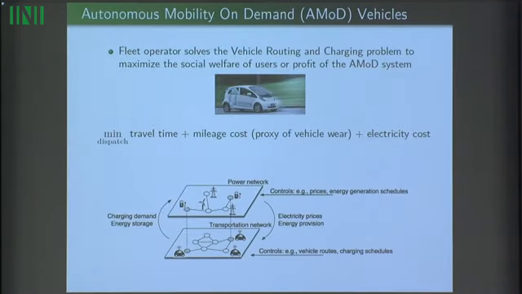Okay, so first part, as I said, I have a fleet operator that's managing these vehicles. If you consider the humans out of the control loop for now, this operator would want to manage the vehicles so that you can minimize a summation of different costs. It could be travel time, when vehicles are carrying passengers around. The second cost, mileage costs, may not really make sense unless you know more about this literature or you think about it.